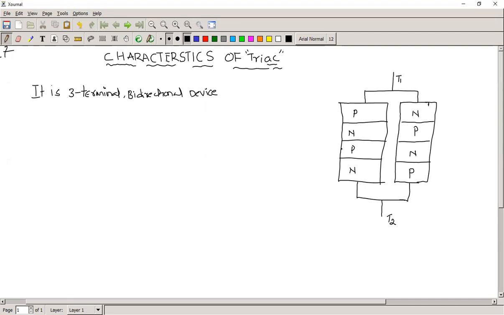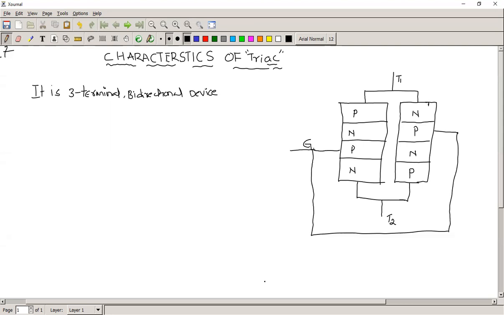In this PNPN device, we take the gate terminal; in the same manner here also from this terminal you can take the gate terminal. Now we combine these two terminals and take one terminal outside. This is the gate terminal.